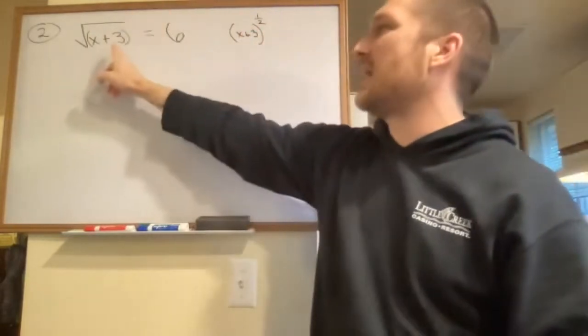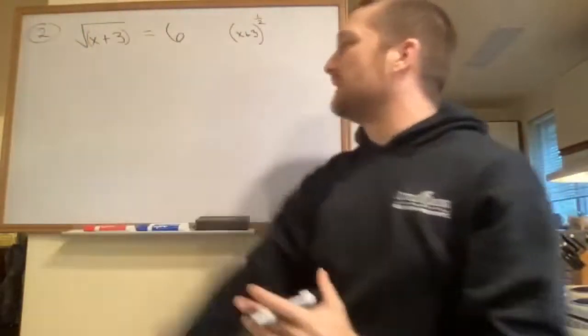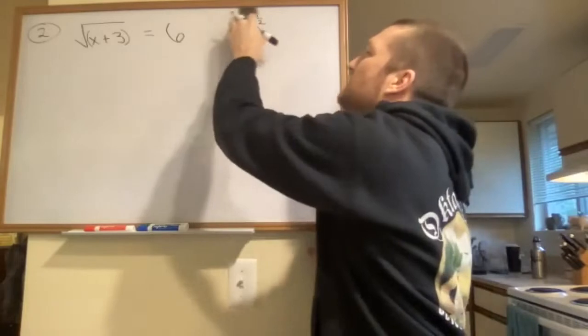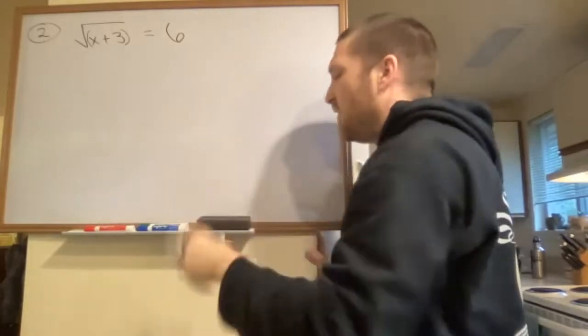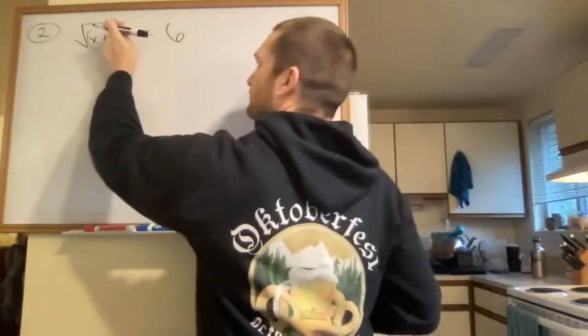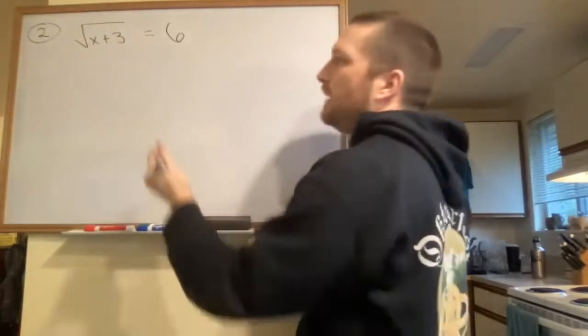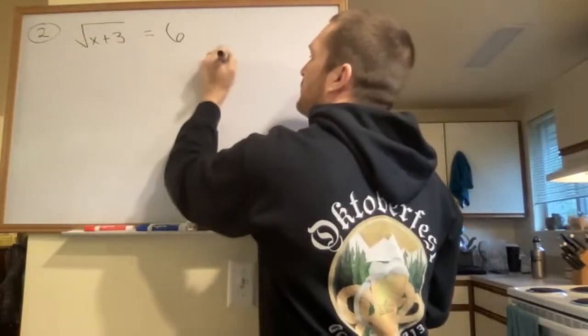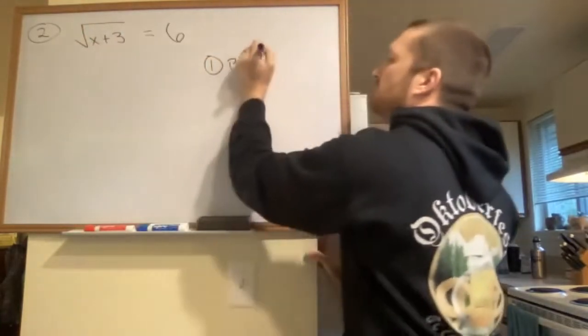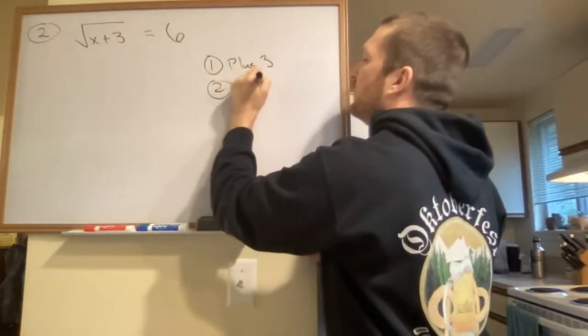So the first thing that happens is x gets 3 added, and then he gets a square root taken. And so that would be the outermost stuff. What's the first thing we need to undo in this case? Okay. Plus 3. Well, think about it. First we plus 3, right? And then we square root.